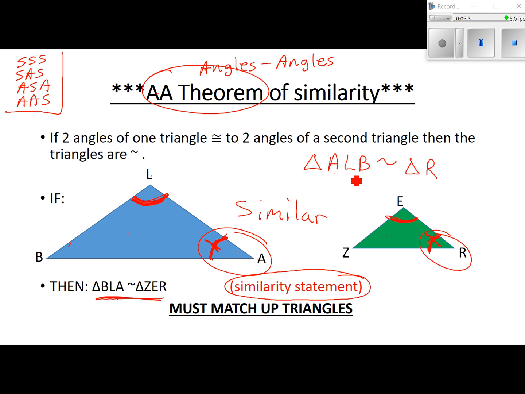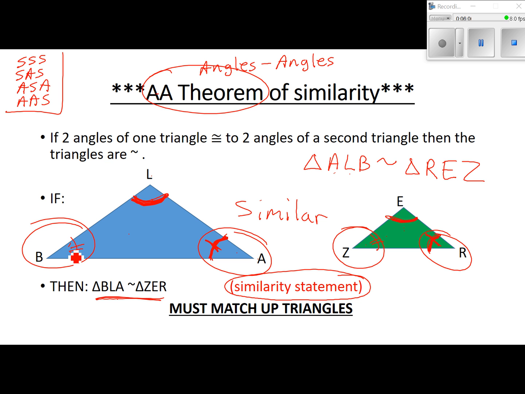Then we have L next. L matches up to E over here, so E has to come next. And then B has to match up to the other one, which is Z. So we can name it that way, and that also tells us that angle B and angle Z have to be congruent to each other.